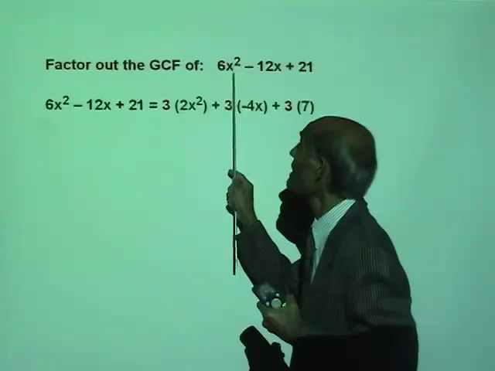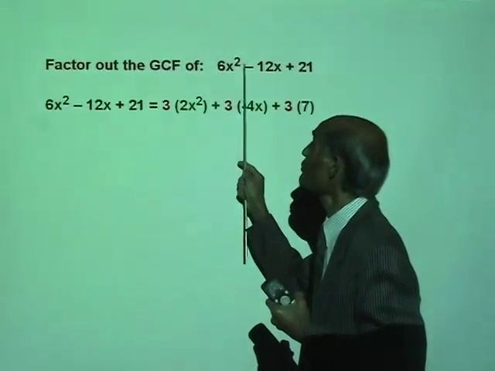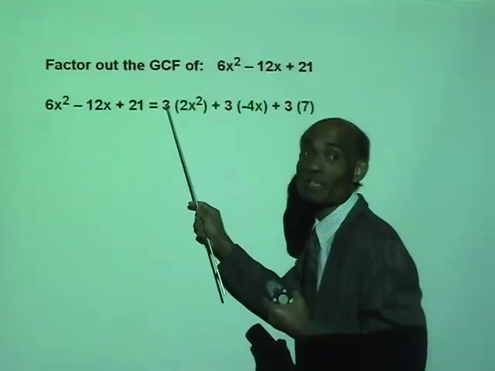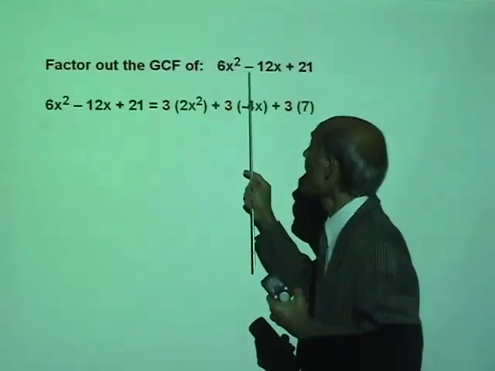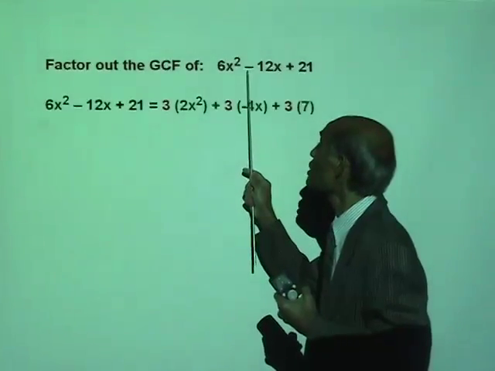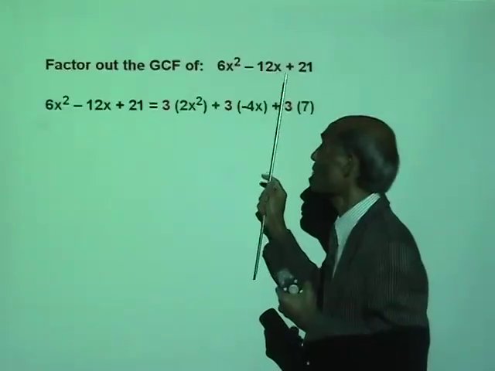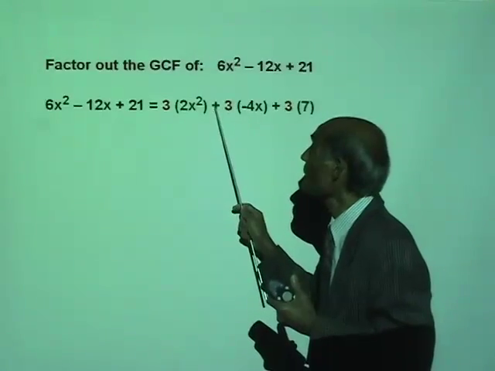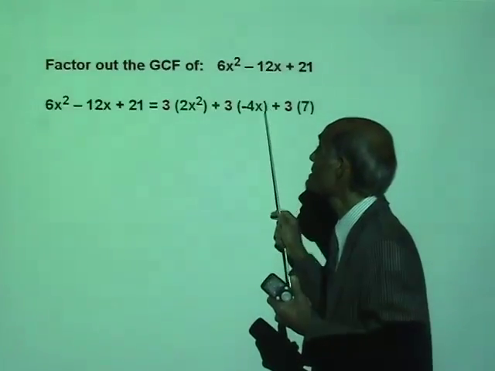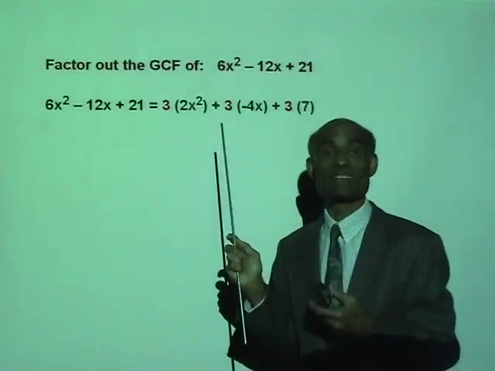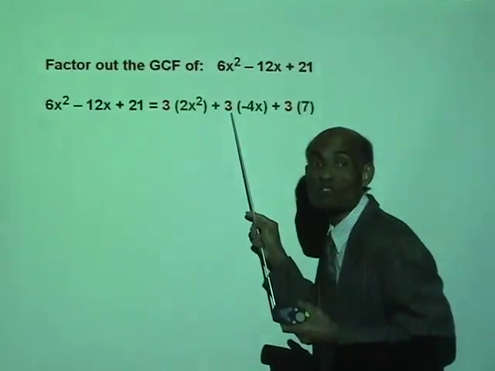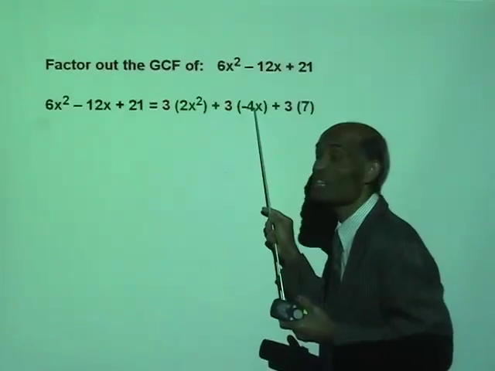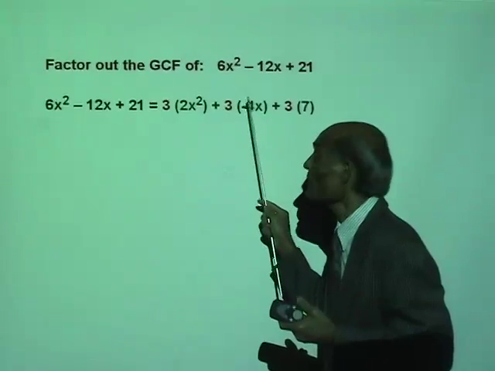So look at the way I'm writing each term. 6x squared I wrote as 3 times 2x squared. And this is where you got to pay attention. Minus 12x is written as plus 3 times negative 4x. After you have factored out a positive 3, what is left is a negative 4x.